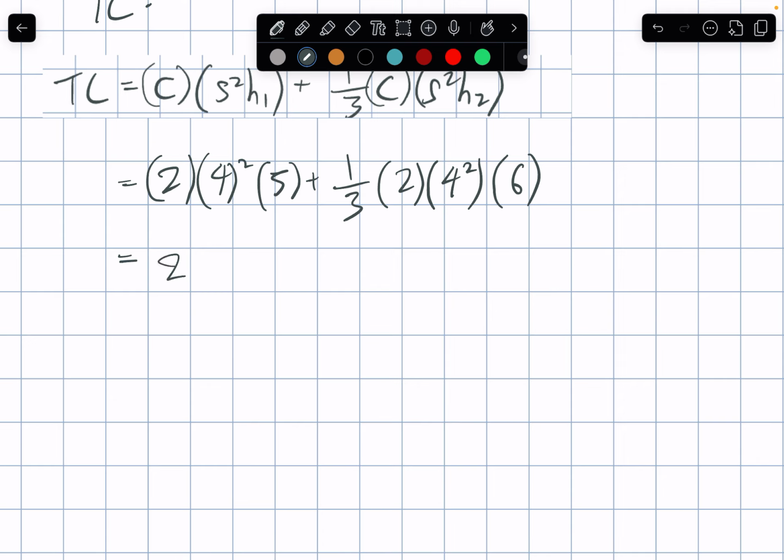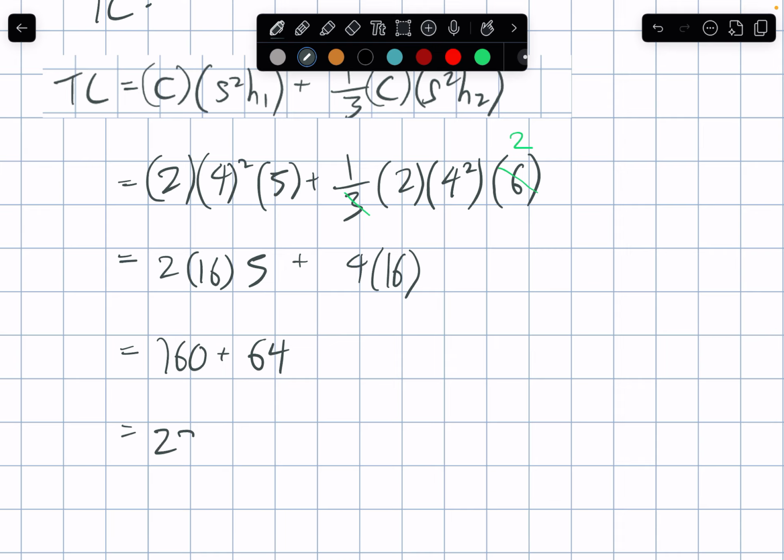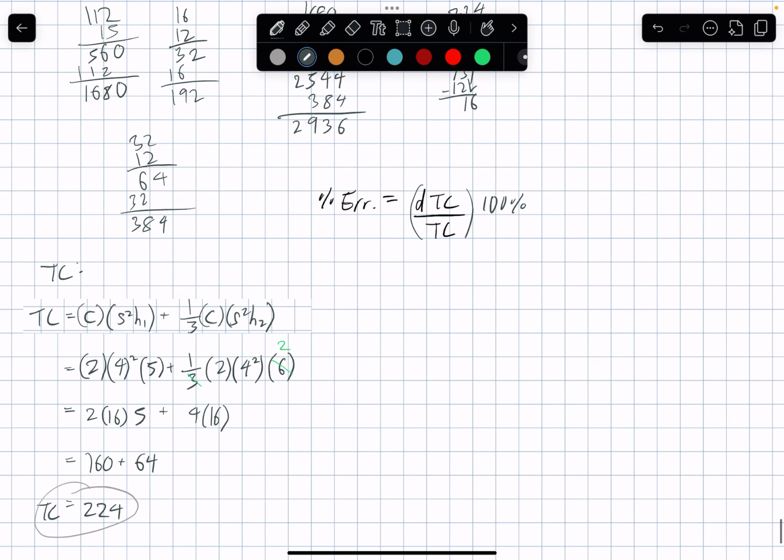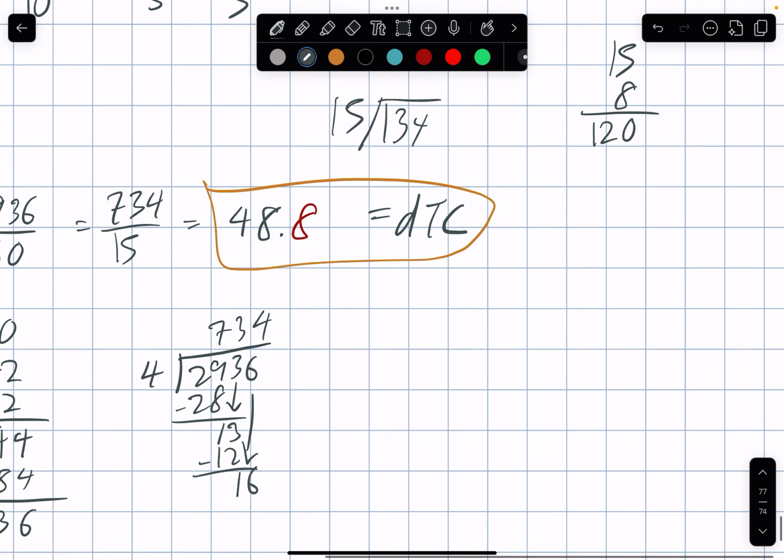Just simplify. 2 times 16 times 5, plus 160 plus 64, 224 is the total cost. So DTC is equal to 48.8, right?